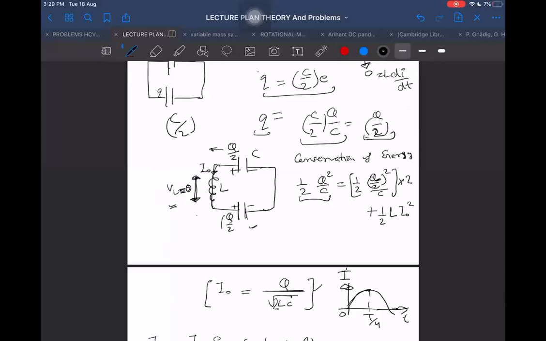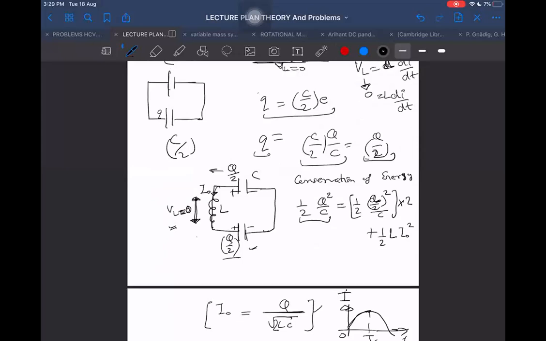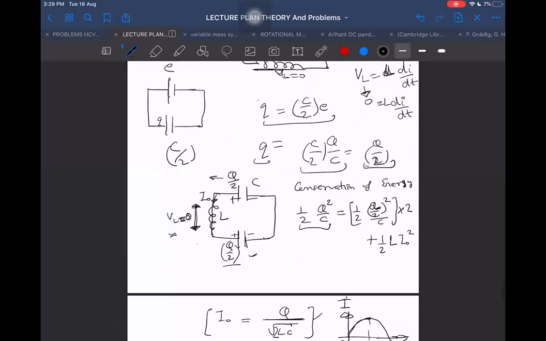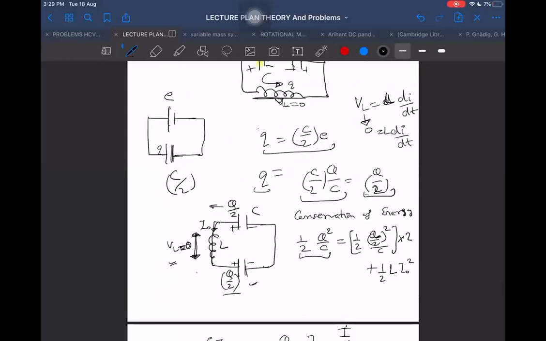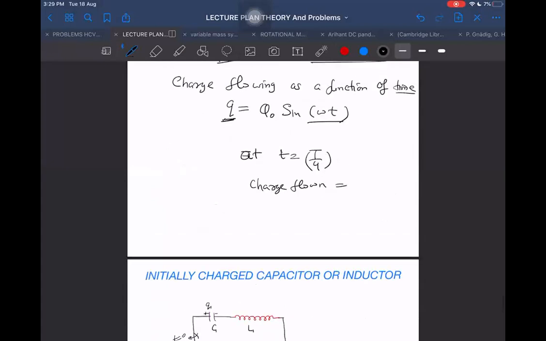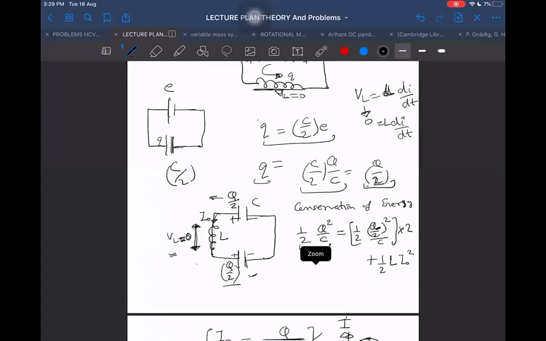Yes, I know, it was Q/2, right? Was it Q/2 or not? Q/2, sir. Because how do I know it is Q/2 now? Somebody may ask me this question. How do I know that it is Q/2?